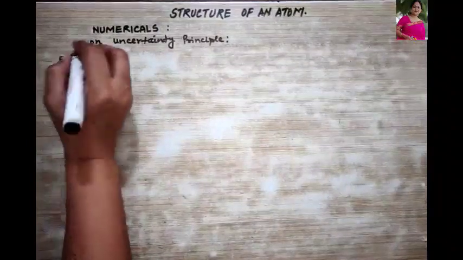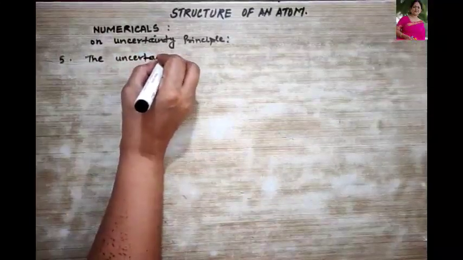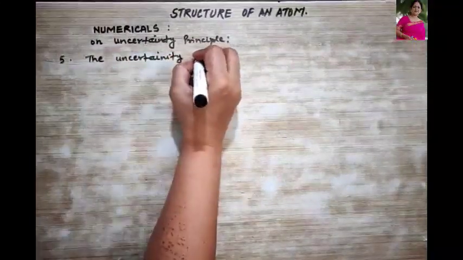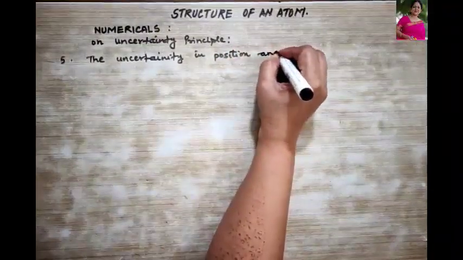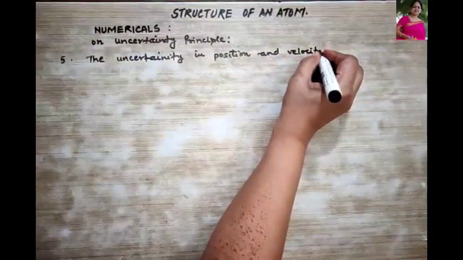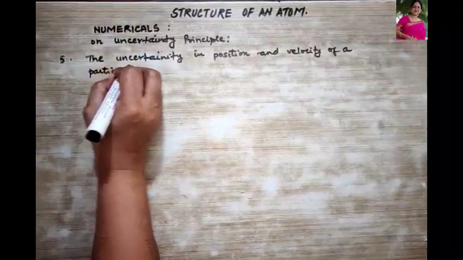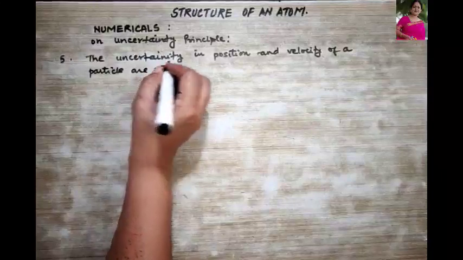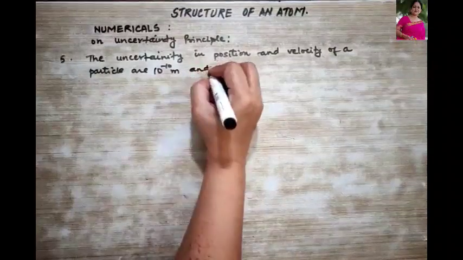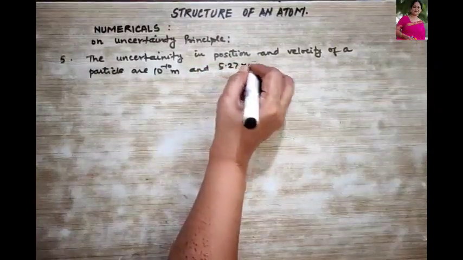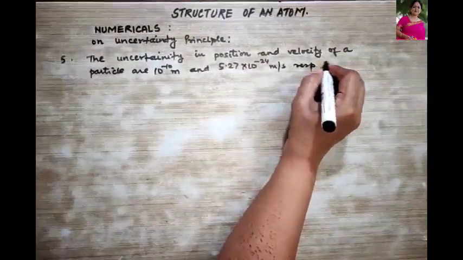The fifth question says that the uncertainty in position and velocity of a particle are 10 to the power minus 10 meters, and 5.27 into 10 to the power minus 24 meter per second respectively.